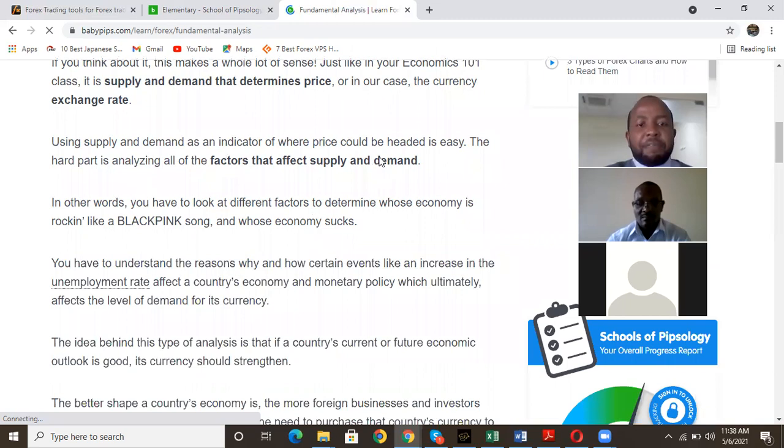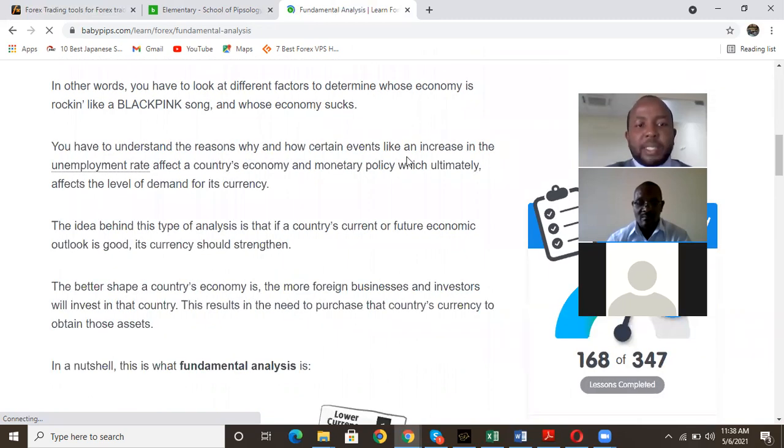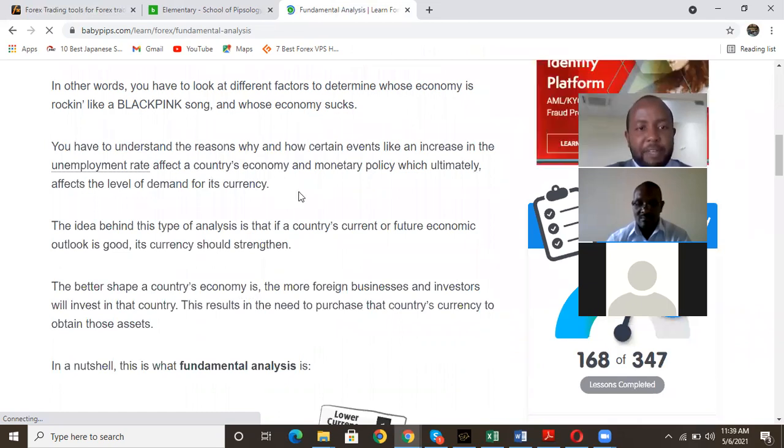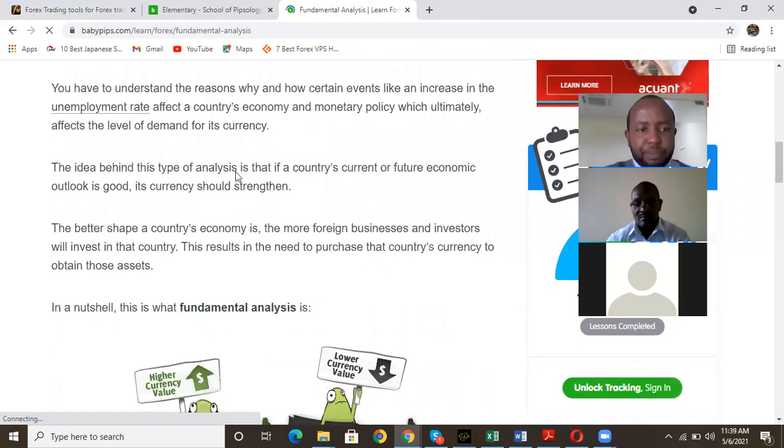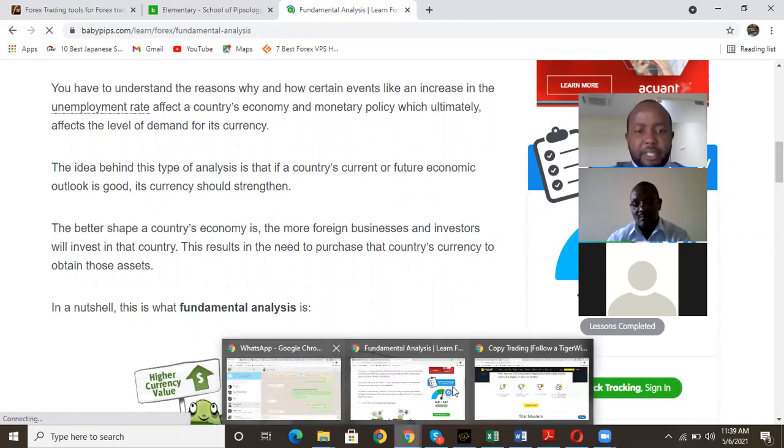You have to understand why and how certain events, like an increase in the unemployment rate, affect a country's economy. The idea behind this analysis is that if a country's current or future economic outlook is good, the currency should strengthen. So I'm going to show you a little bit of fundamental analysis from my chart.